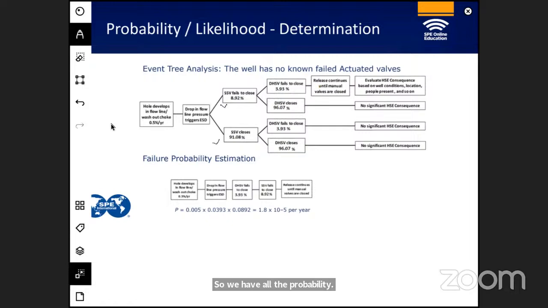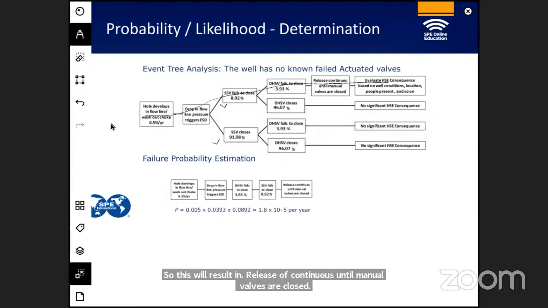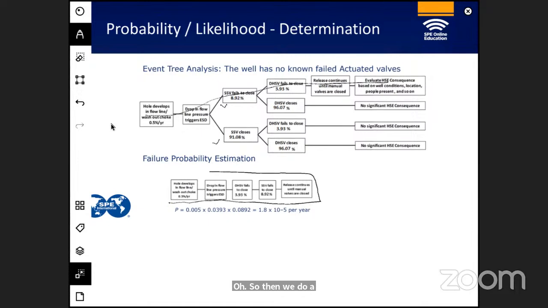If we choose the failure path, this will result in continuous release until manual valves are closed. Then we do a cumulative probability to arrive at the probability of failure for this event to happen.